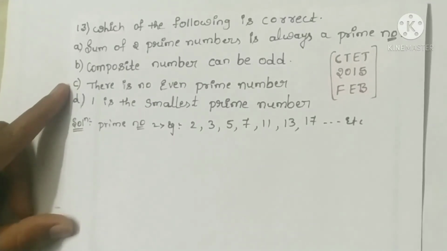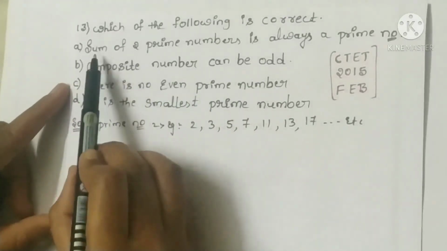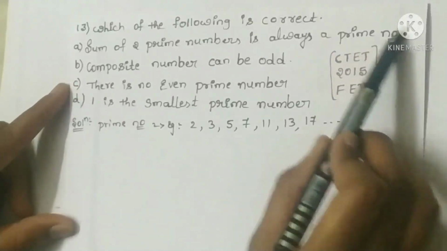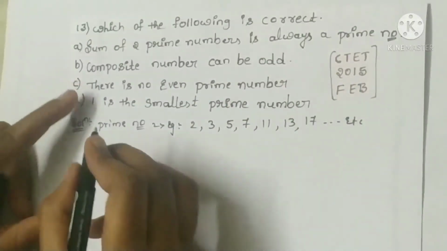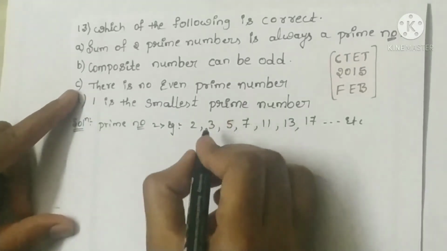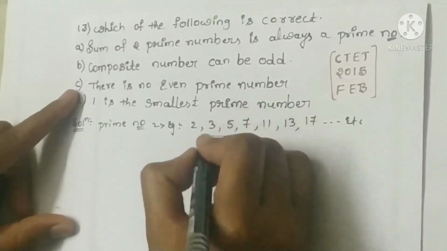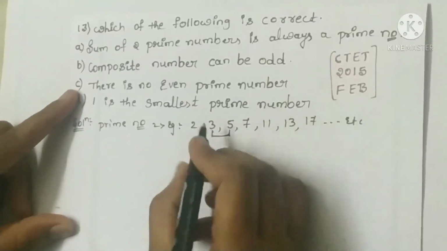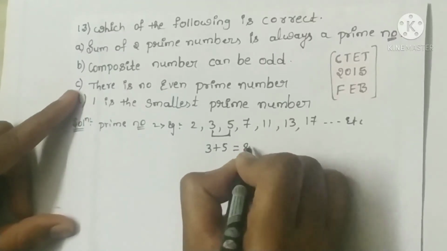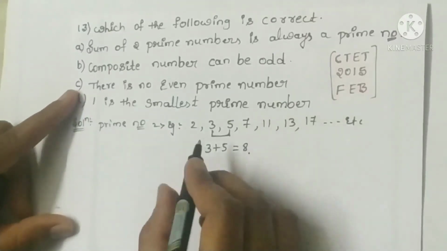Now in the options they have given that the sum of two prime numbers is always a prime number. Now I will check this option. For this I take two prime numbers, 3 and 5. That is 3 plus 5, which is equal to 8. 8 is not a prime number.